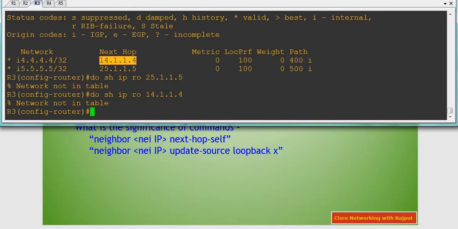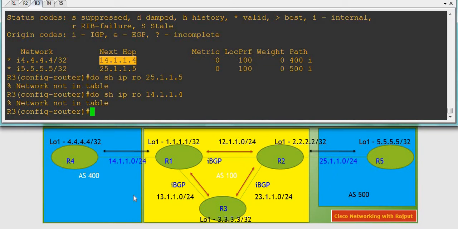No, it's also not there in the routing table. So whenever there is a situation when the subnet which is configured between two devices on which we have configured eBGP is not advertised in BGP, then we always require to set the next hop IP address on the receiving end iBGP peer.